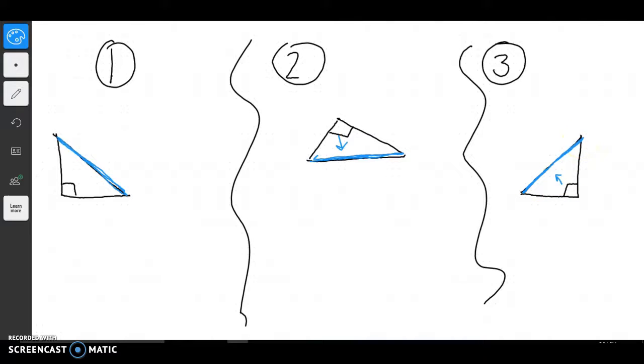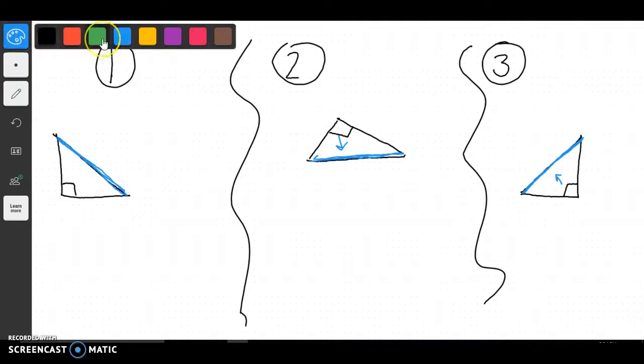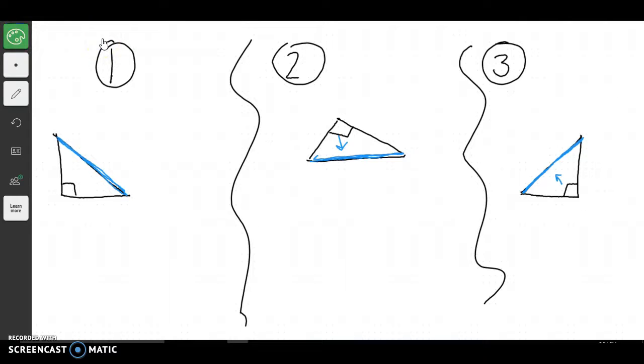And on this one, again, it's across from the right angle, so it would be this side right here. Now let's say we were given some dimensions, and let's see if we can find the hypotenuse. So let's say that this side was 3, and this side was 4. Well, we've learned that a squared plus b squared equals c squared. That's the Pythagorean Theorem.